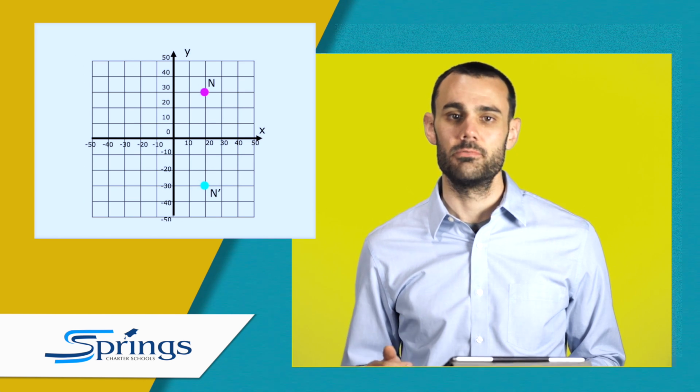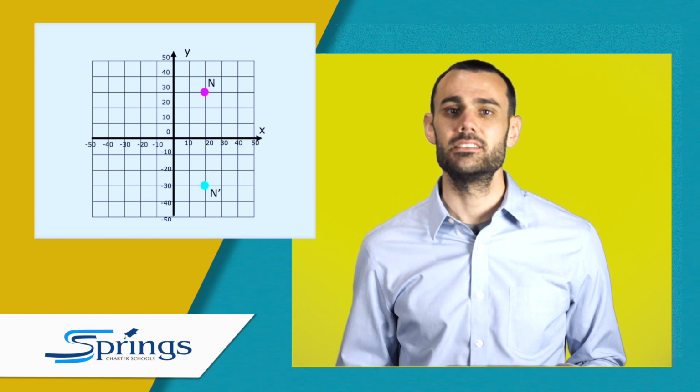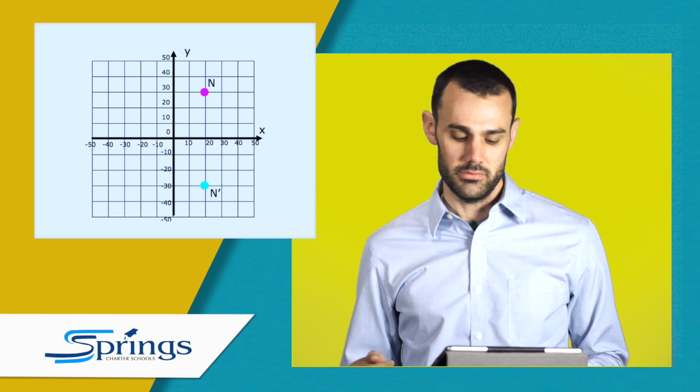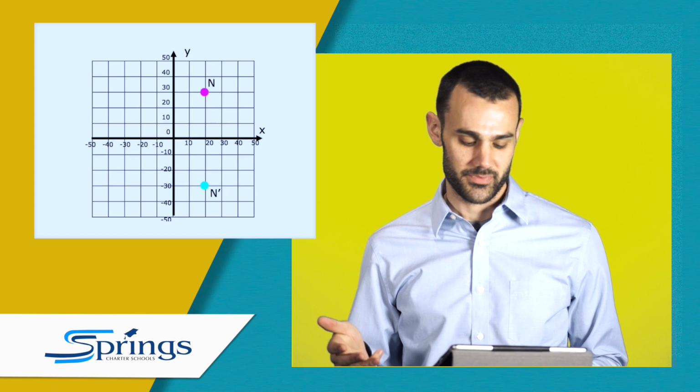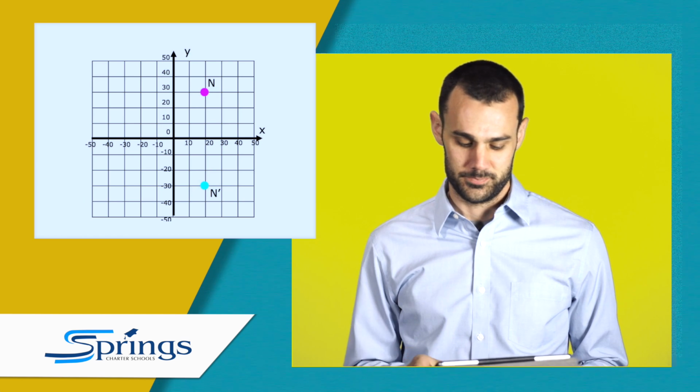You can see here my original image, the point 20, 30, represented by the letter N in purple, has been reflected over the x-axis and is now in the teal or blue color, and they call that N with a little mark at the top, or I call it N1. And that is at the point 20, negative 30.